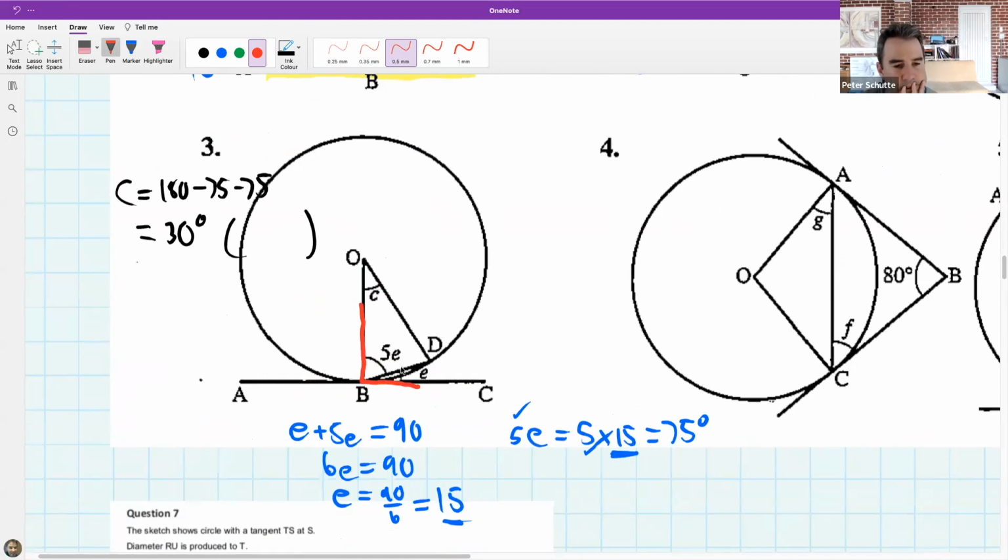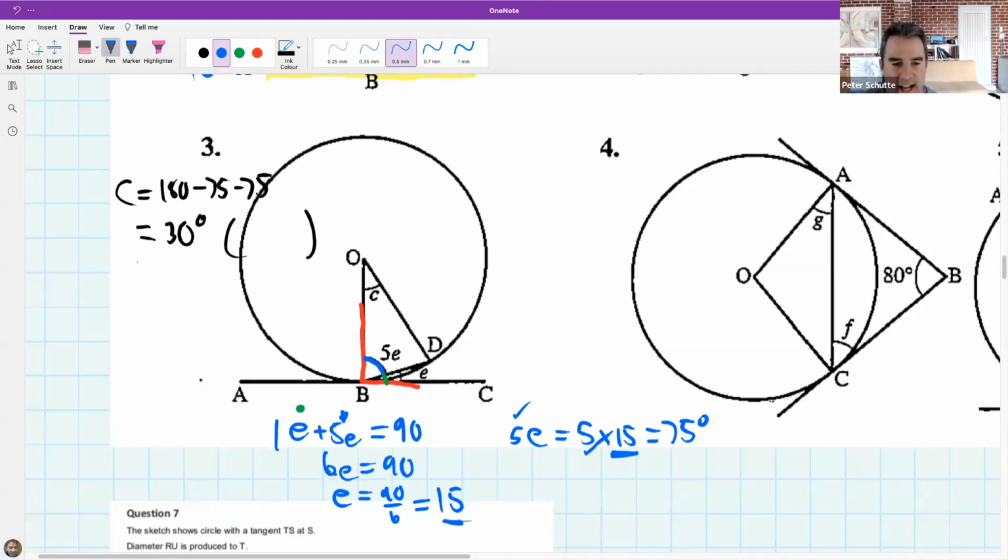Yes, I do. Okay, so then you think about, well, what makes up that 90? There's the 5e over here, and then there's the one little e over here. Are you okay with that? Yes, I'm okay, sir. So then this is the green bit, and this is the blue bit, and they must be equal to 90. So that's why it's 1e plus 5e gives me 6e.